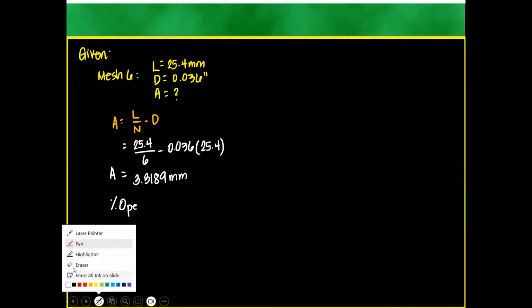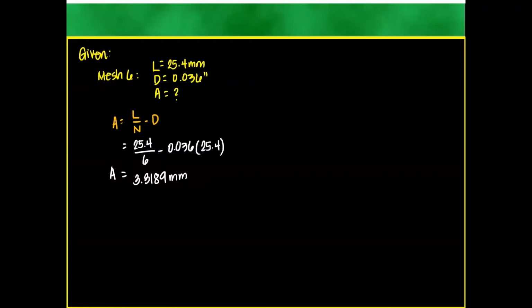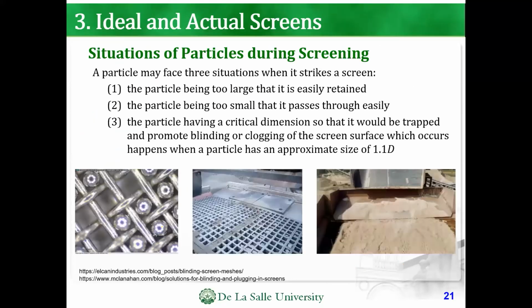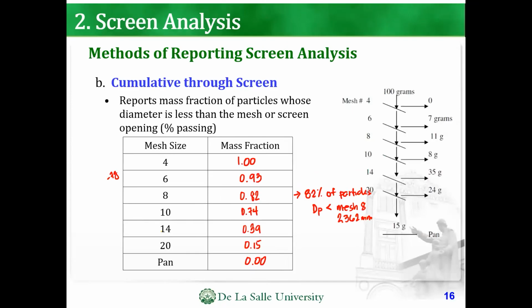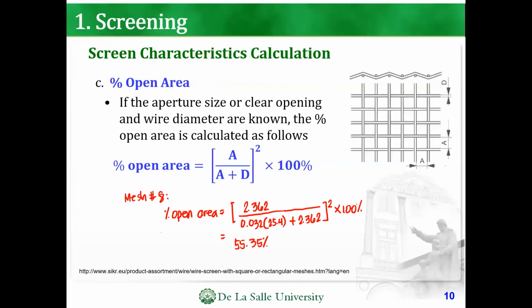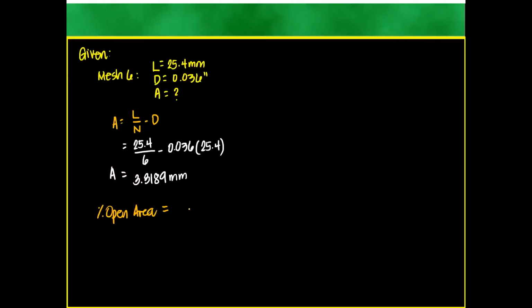What's the formula? Let's write the formula first. Percentage open area is equal to A over A plus D, squared, times 100 to make it percent. Can you please solve?